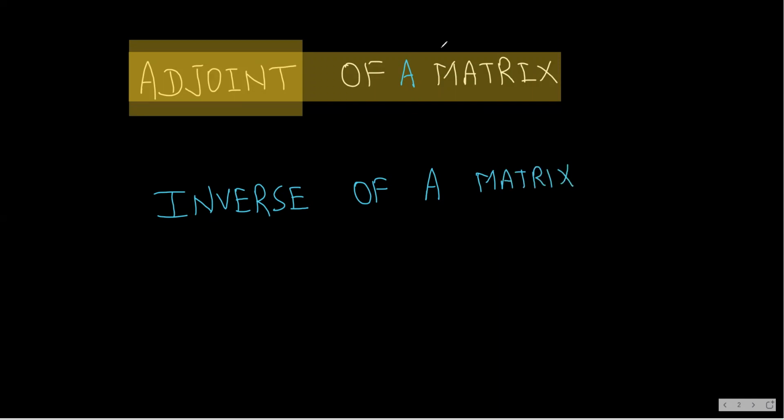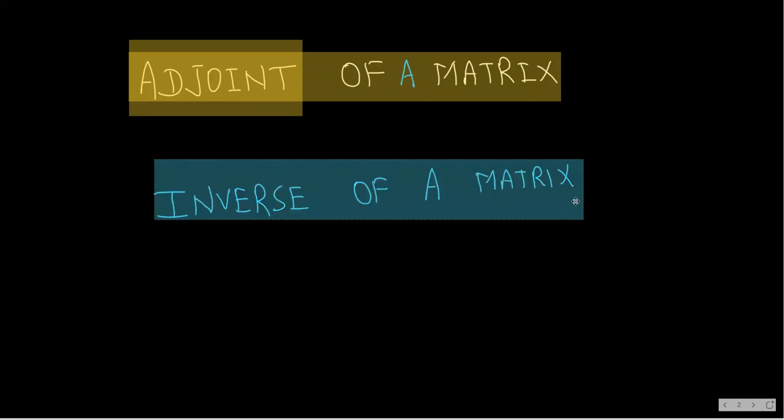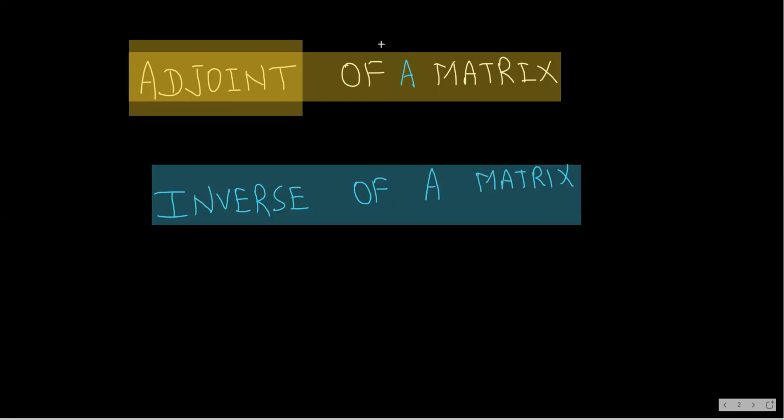What you saw? We saw that inverse of a matrix is also a matrix. Please understand this. Similarly, adjoint of a matrix will also be a matrix.